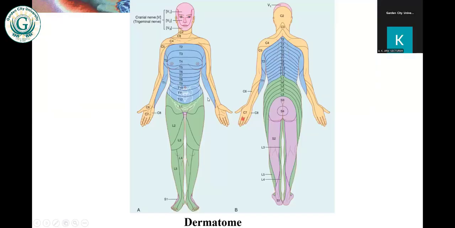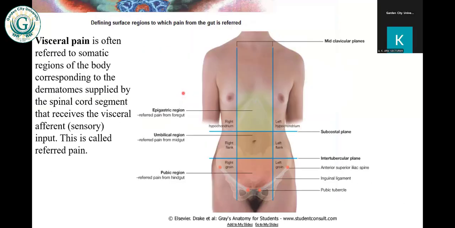And if you look at this area here, we call this a dermatome. A dermatome is an area of the skin supplied by a single spinal nerve. Around the umbilicus is T10, and this one here is T11. So when there is visceral pain, it will be referred to an area on the skin corresponding to the dermatome supplied by the spinal cord segment.